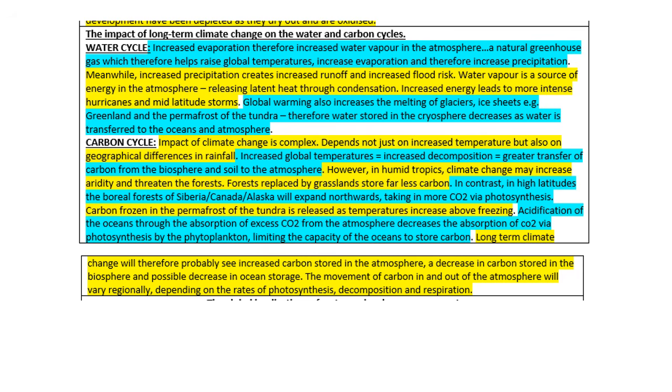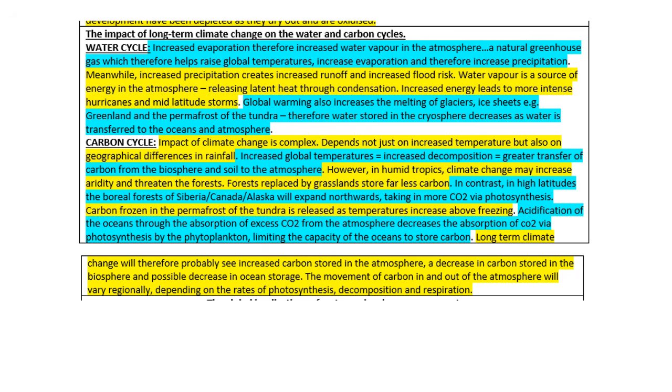The carbon cycle. So it's quite a complex picture. We're not just looking at increased temperature, but also geographical differences in rainfall. So increased global temperatures will lead to increased decomposition and a greater transfer of carbon from the biosphere and soil to the atmosphere. However, in the tropics, climate change may increase aridity, so dryness, and threaten the forests.